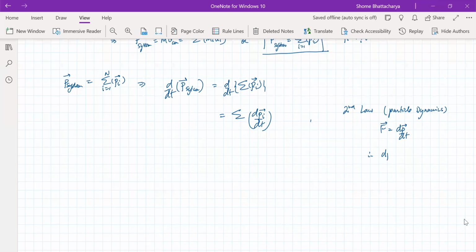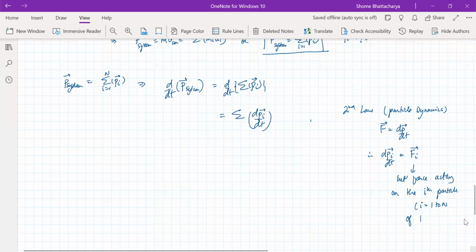Therefore, we can denote this as Fi, where Fi stands for the net force acting on the ith particle, i going from 1 to n for the system. So further in this definition, this becomes summation of Fi.